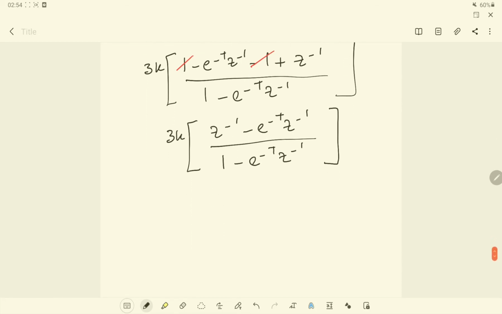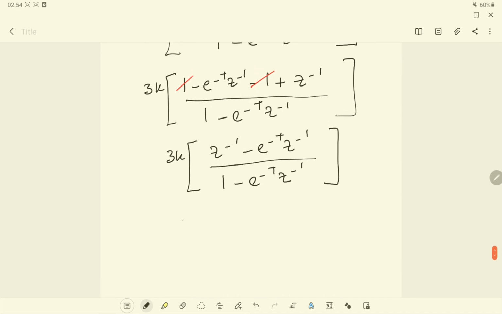So from here you will get 3k Z inverse times (1 minus exponent t) over (1 minus exponent negative t Z inverse).